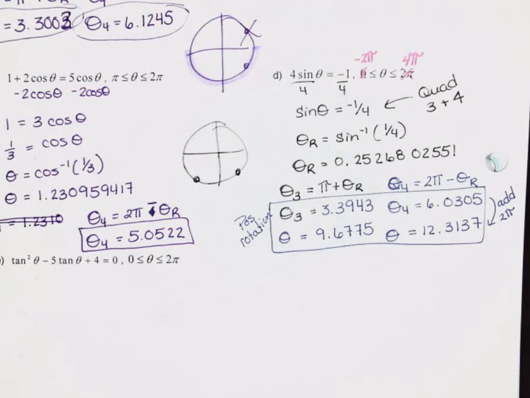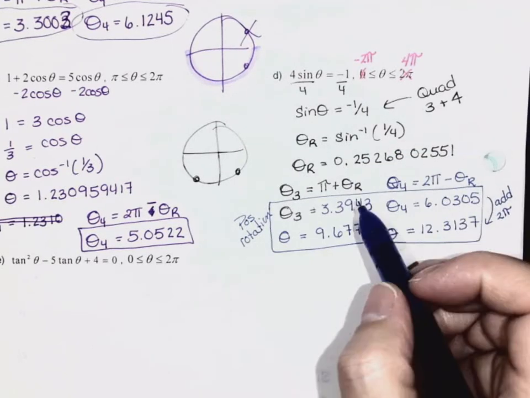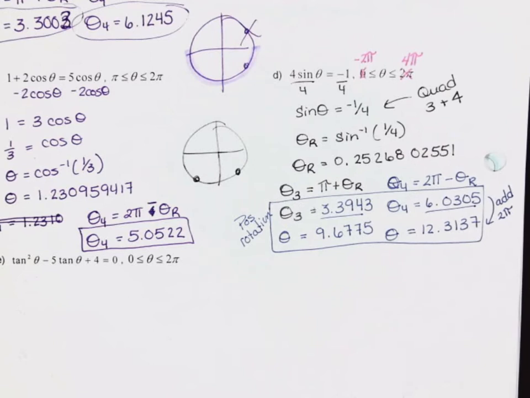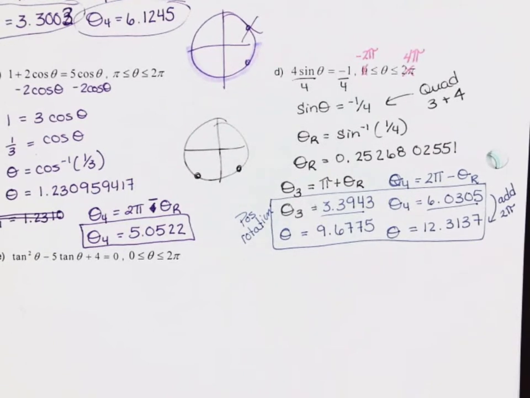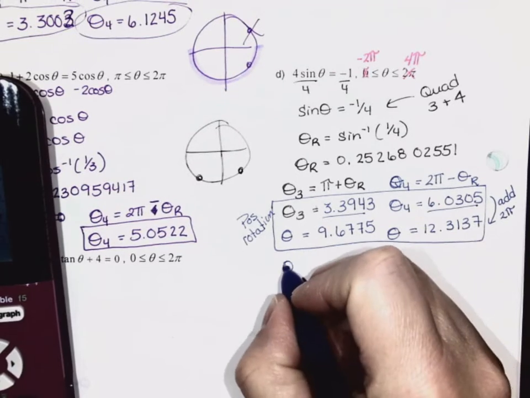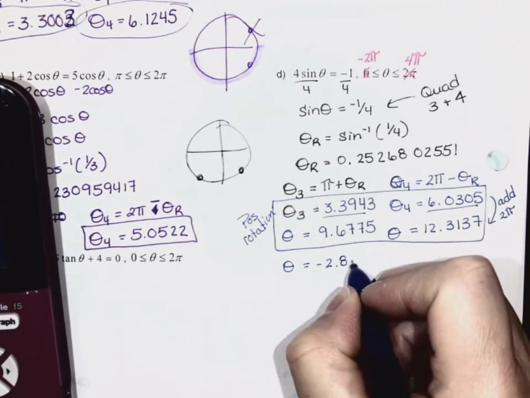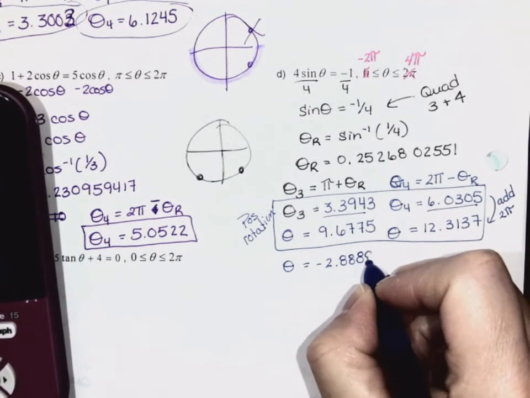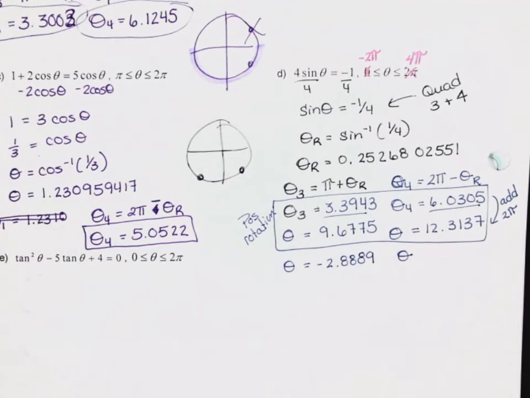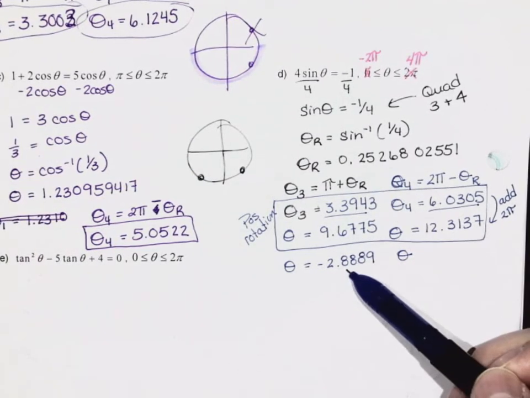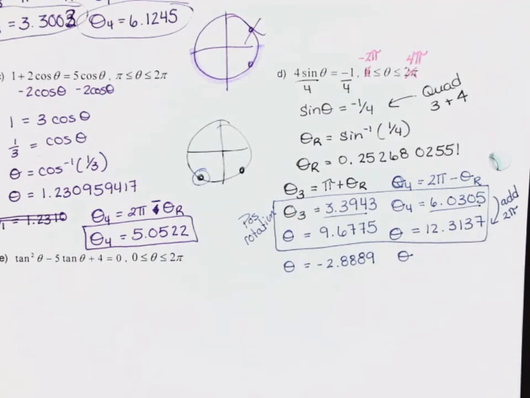Okay, so now we have to do the negative rotation. So really, I'm going back to these first answers, and what am I going to do with those? I'm subtracting 2 pi. So I got 3.3943, and I'm subtracting 2 pi. Okay, so this one would match that one there.